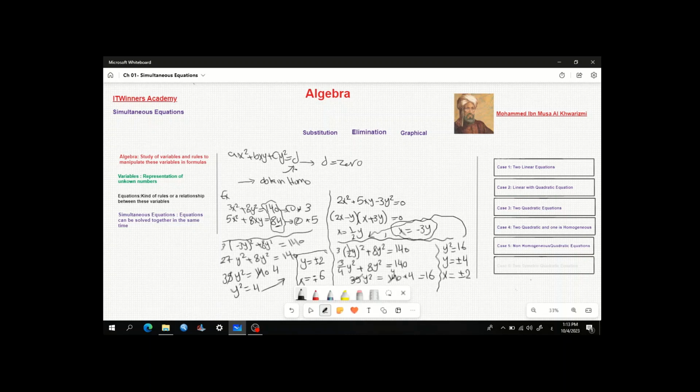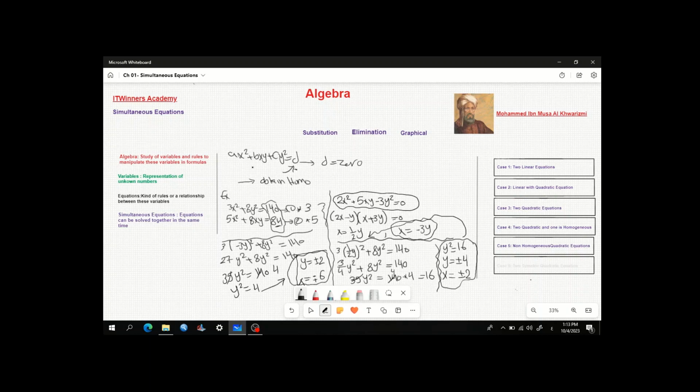Now I have this solution, this and this. So what I did here is combine these equations together to get one homogeneous equation, and just solve it in one variable in terms of another.